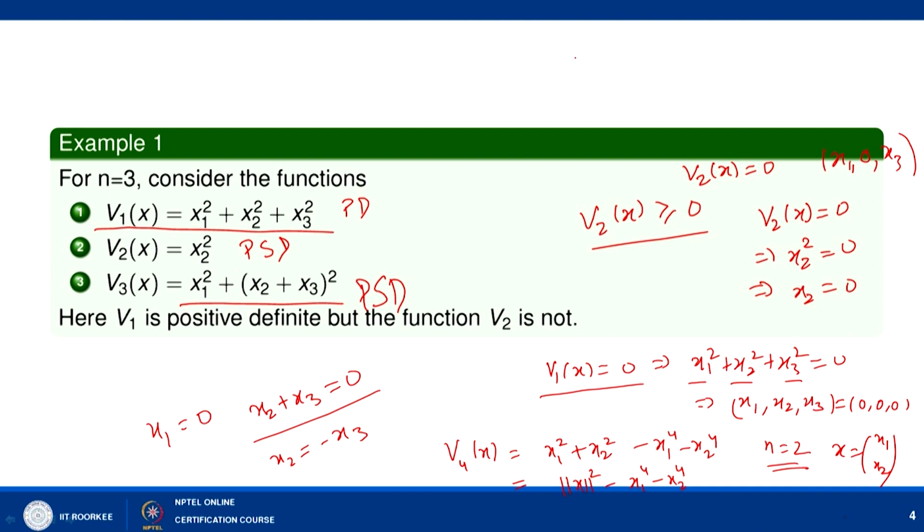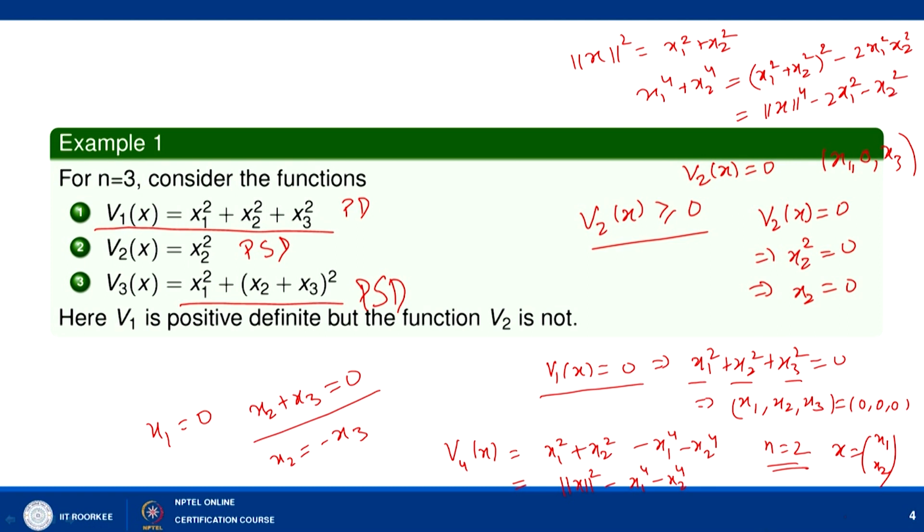Now, we know that norm of x square is basically x1 square plus x2 square. Now, what about x1 to the power 4 plus x2 to the power 4? I can write it as (x1 square plus x2 square) whole square minus 2 x1 square x2 square. So, this is norm of x to the power 4 minus 2 x1 square x2 square.